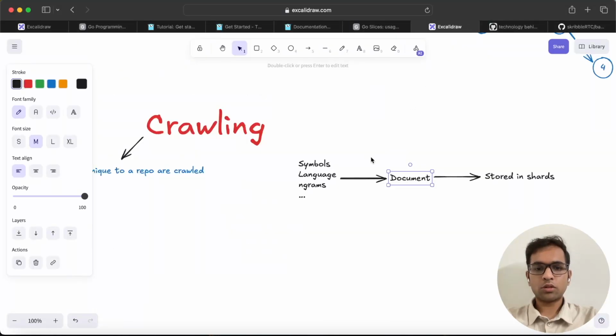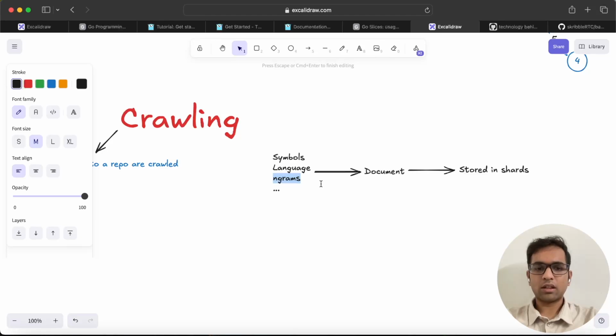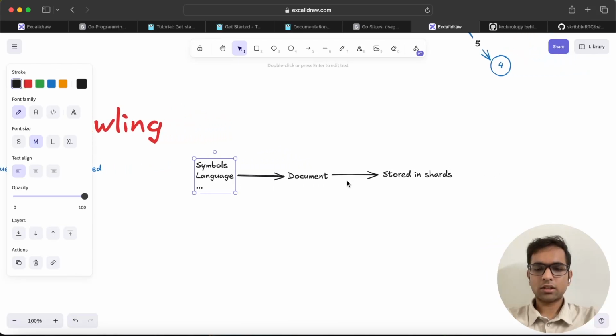Okay, so this document consists of some data, but some data is not taken up here, like n-grams and all of those things. That is done by these indexer shards.